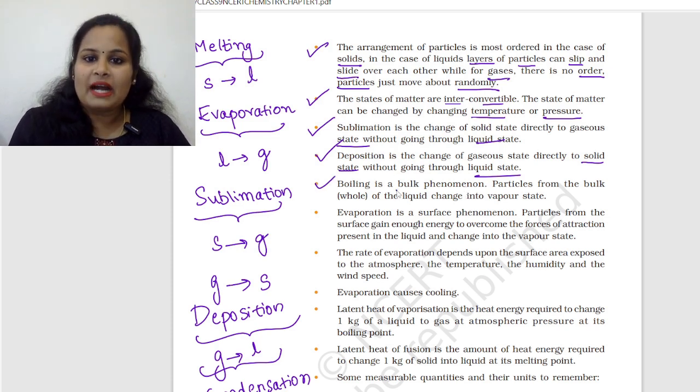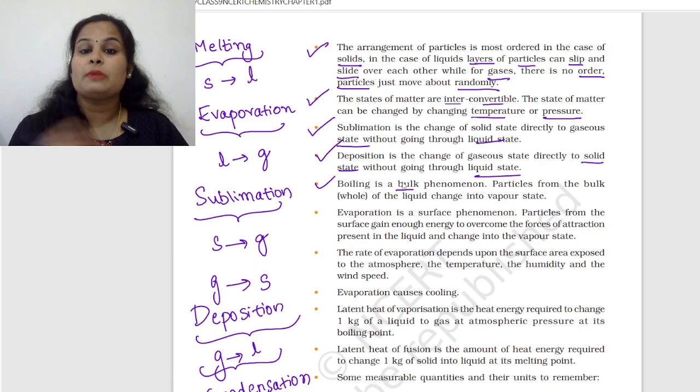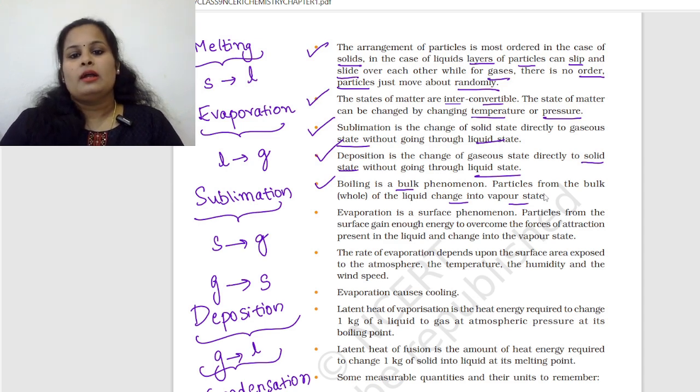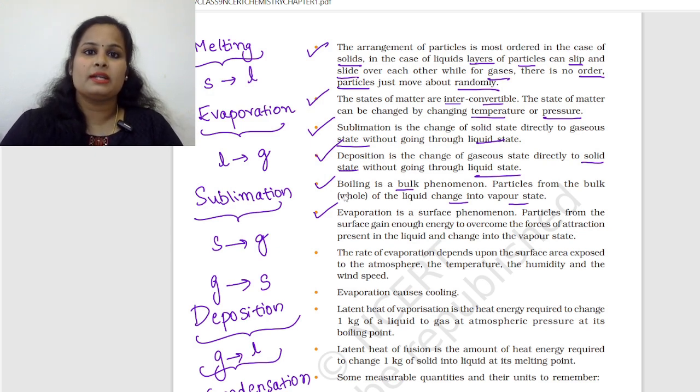Boiling is a bulk phenomenon. The particles from the bulk, that is the whole of the liquid, change into vapor state, right? And evaporation. Students understand that both boiling and evaporation come under the same category, which is called vaporization, where the liquid is getting converted into gaseous state. But what makes them different?